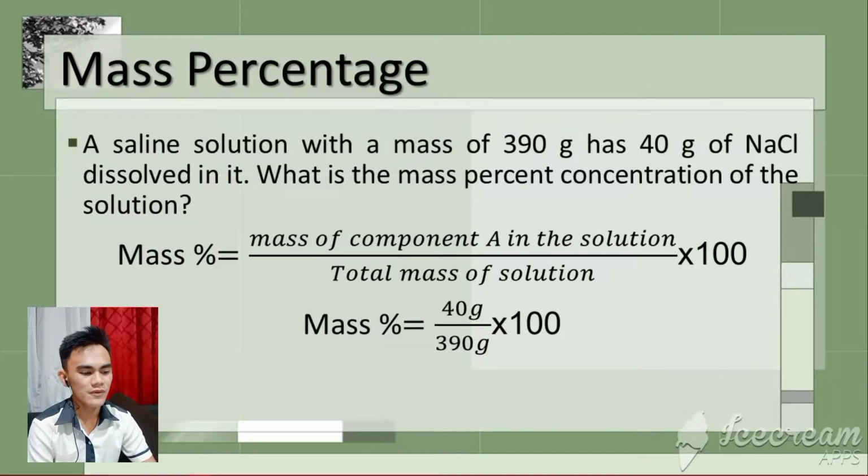Now, we have the solute of 40 grams and our total mass of solution that is 390, times 100, that is equal to 10.25%, that is our mass percentage.